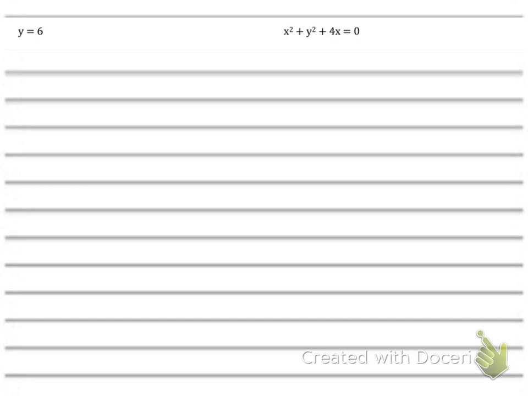All right, so this one looks simple. y equals 6. Let's think about that. Graphically on a Cartesian plane, this is a horizontal line at 6.